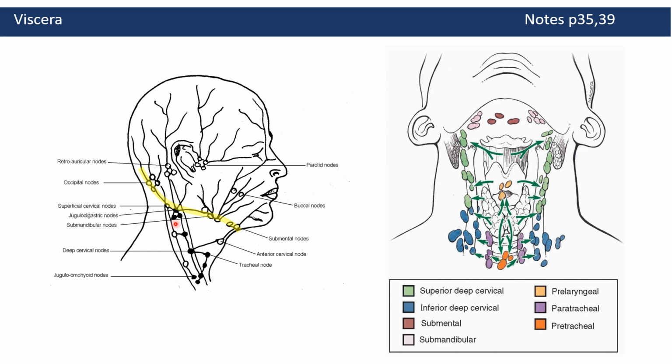Regardless of where these originate, they make their way to the deep cervical lymph nodes, which are the superior and inferior deep cervical lymph nodes associated with the internal jugular vein. All of them drain eventually to the right and left venous angles via those jugular lymph trunks that we've already discussed.